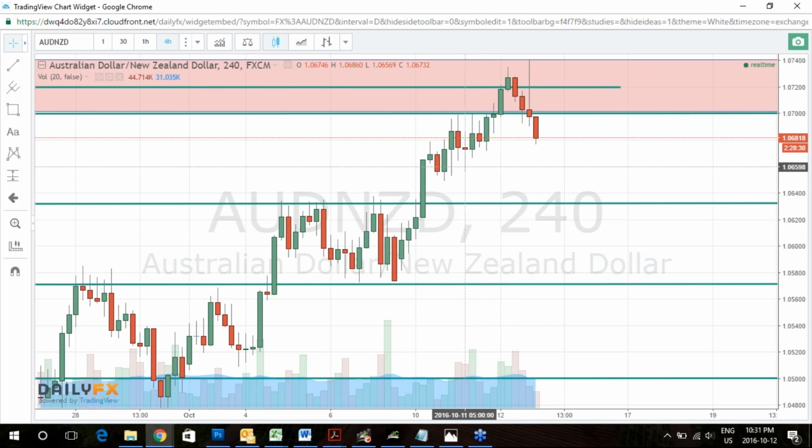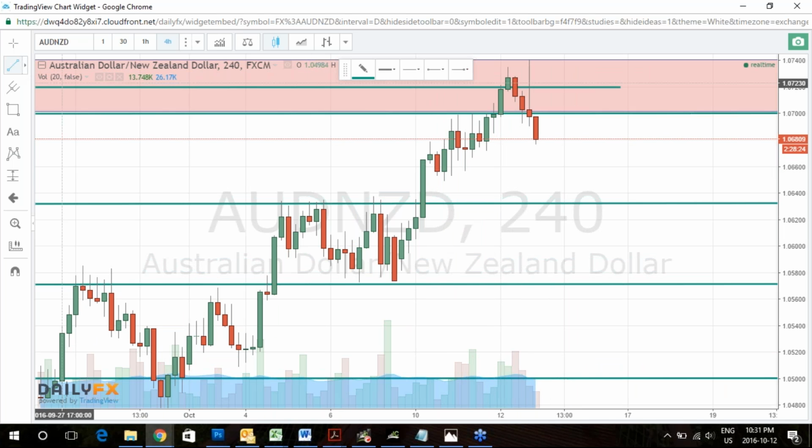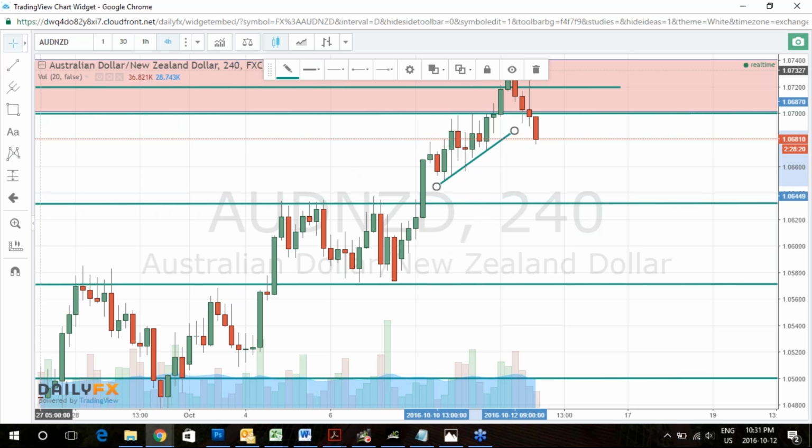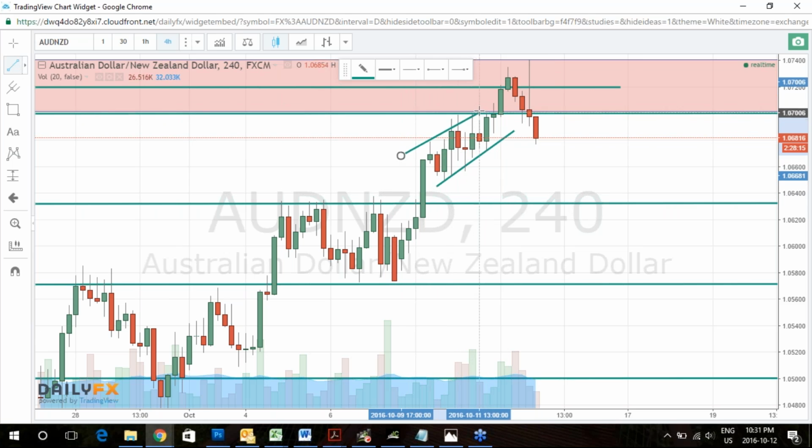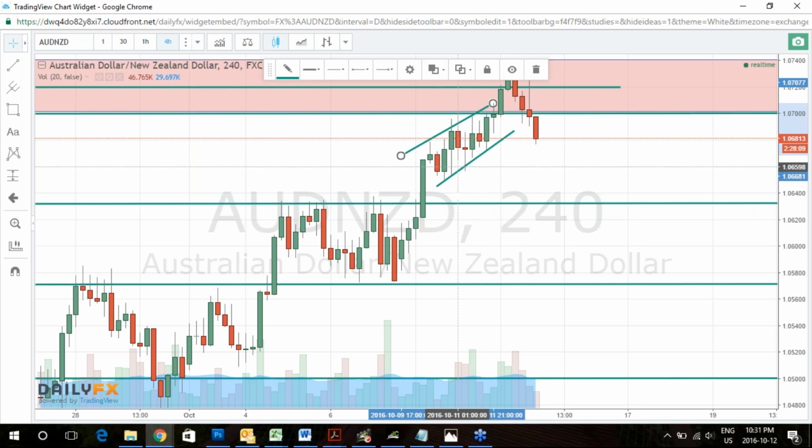Now here you can see that price found support at this point. This was actually a trending consolidation, which I like to say. This is a little word I made up myself. Most of you might be thinking, if price found support at this level, why don't we have take profit at this level?